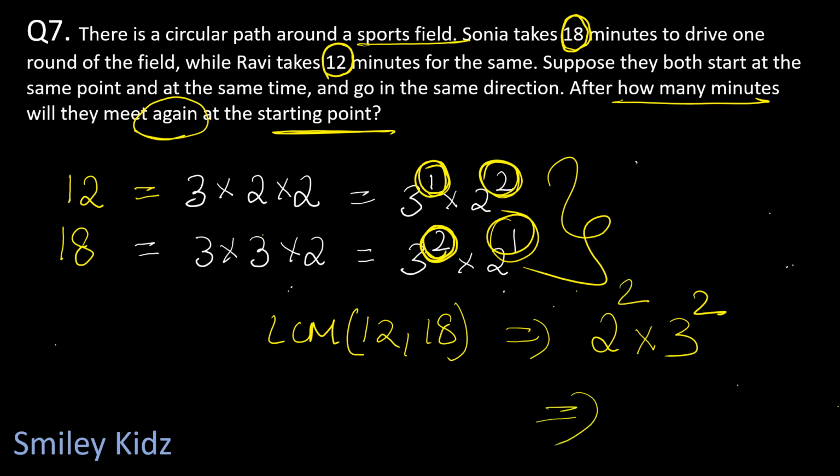So 2 square times 3 square will result in 36, and remember to put the units, that is 36 minutes. Therefore, after 36 minutes, Ravi and Sonia will meet again at the starting point.